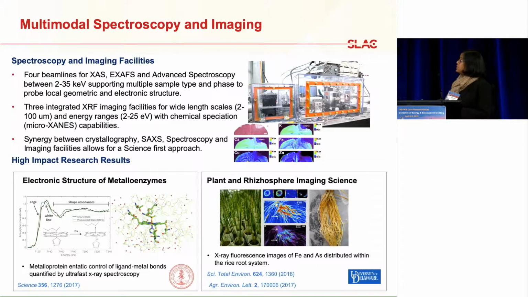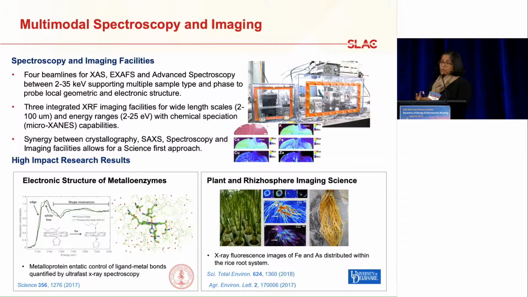We also have multimodal spectroscopy and imaging facilities. These facilities are over 8 different beamlines, and I don't have time to go over those beamlines, but suffice to say we can look at electronic level information of metal sites in biology, and also we can do imaging from 2 microns to 100 microns.